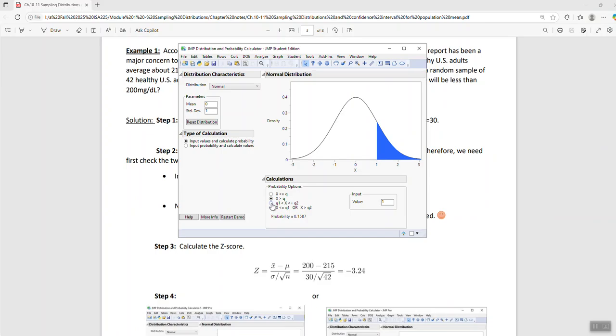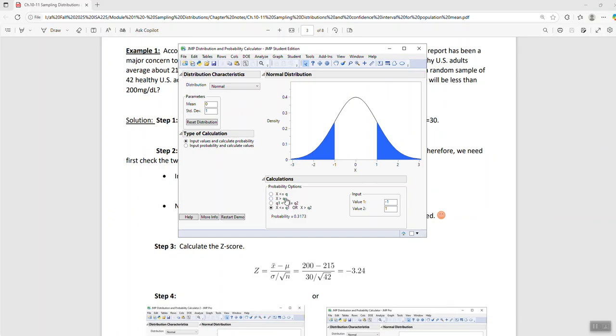You can also look for the probability in the middle of two z values, for example, from let's say -1 to 1, so you can look for the area or the probability between two z values. You can also look for the tail probabilities, so these two tail probabilities.